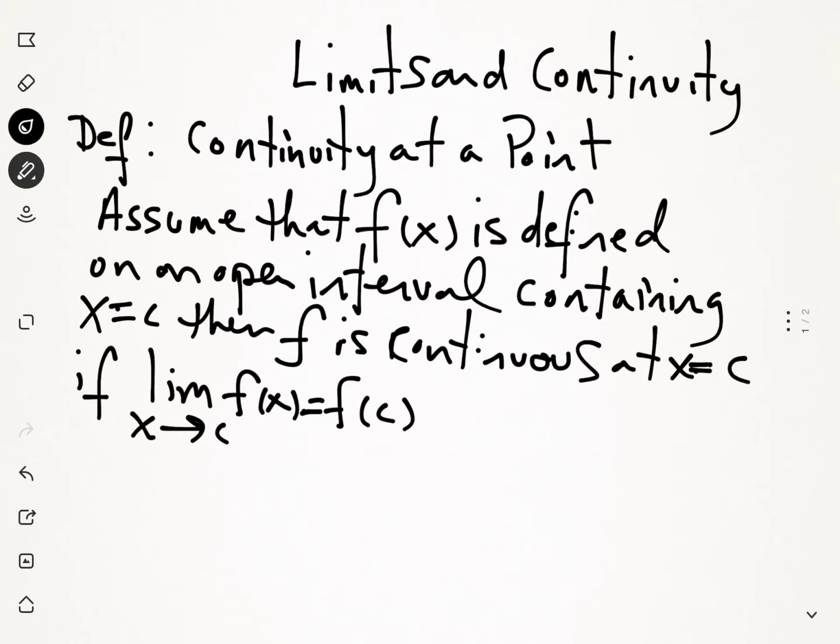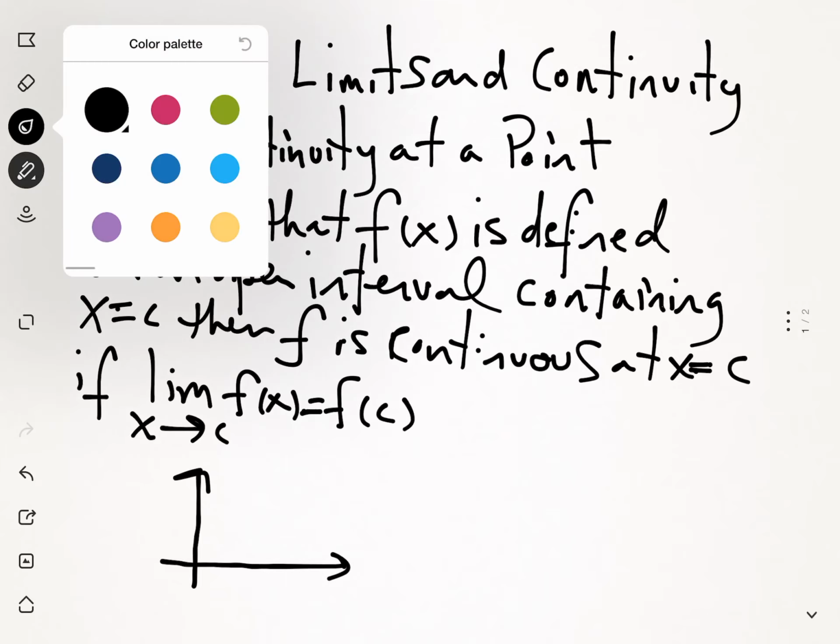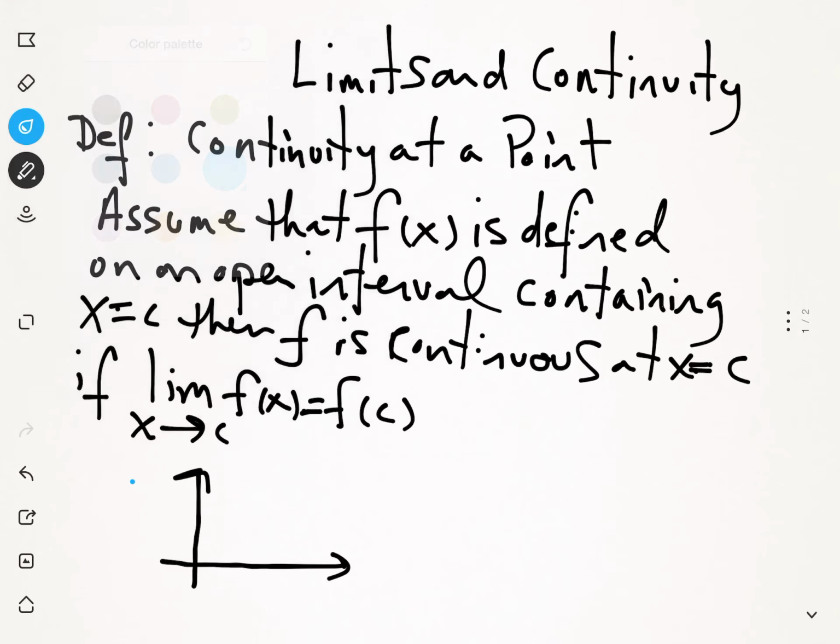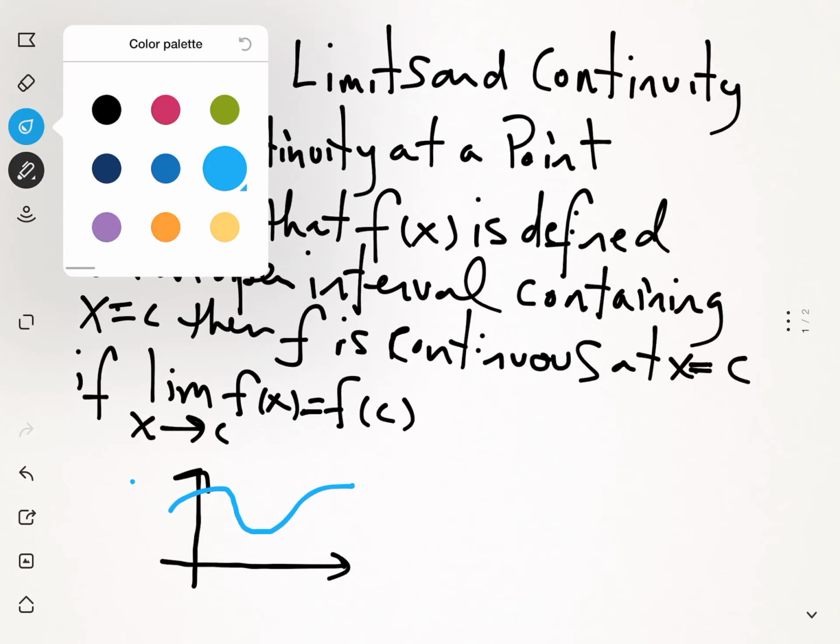And here's what it looks like. So here's a graph, and I have a curve here, and the point in question will be right here. So this is c.